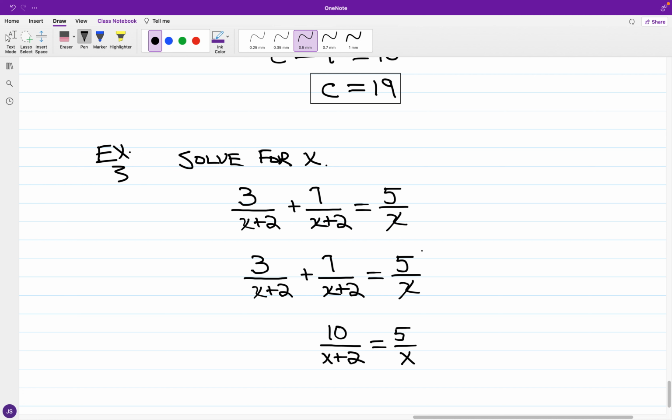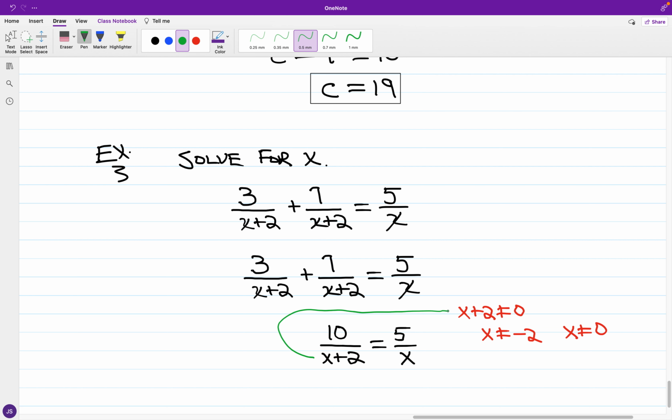In terms of working out what we have here, the preconditions for x: x plus 2 cannot be 0, so x cannot be negative 2, so that's one restriction, and the other restriction is that x cannot be equal to 0.